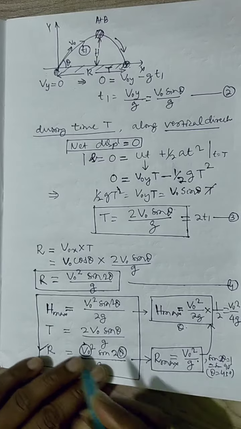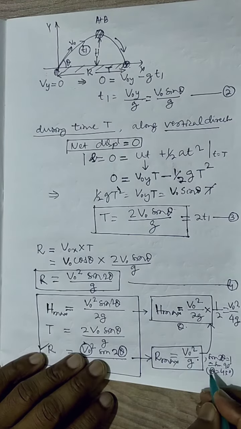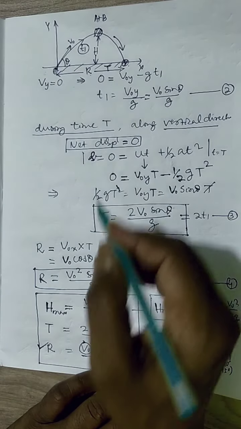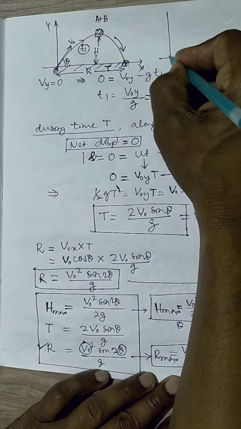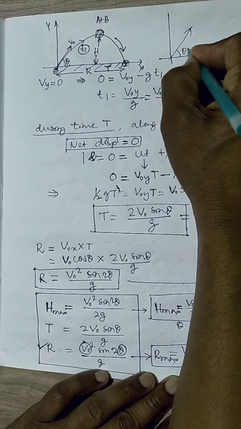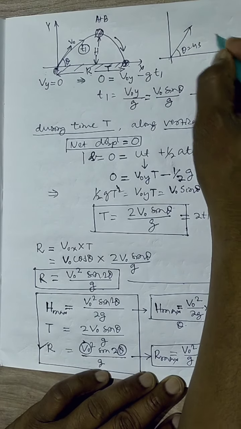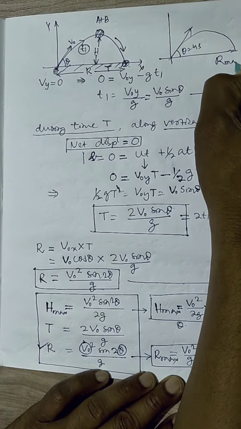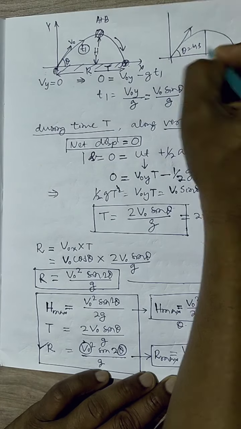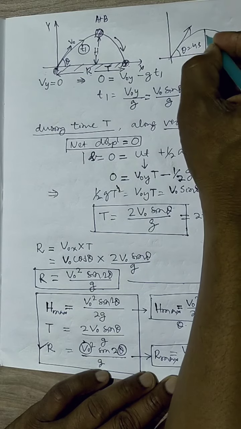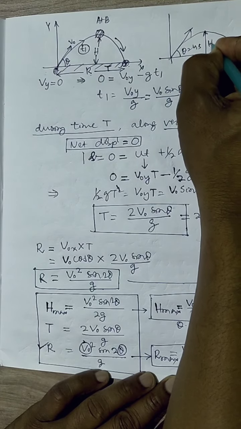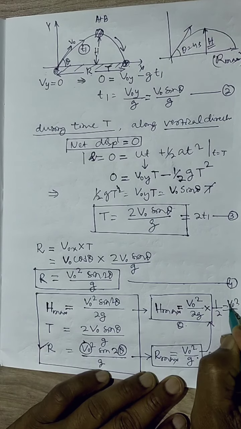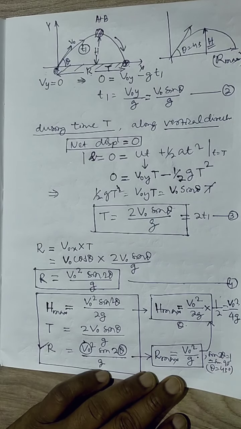That means if an object is thrown at an angle of 45 degrees with the x-axis, it will attain its maximum range. To attain this maximum range, the corresponding maximum height is v0 square by 4g.